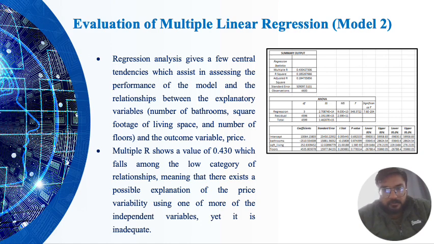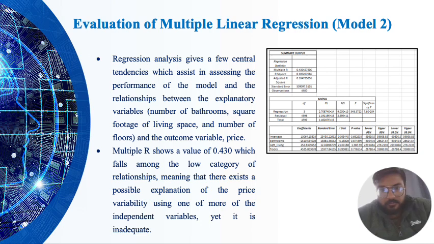evaluation of multiple linear regression model 2. Regression analysis gives a few central tendencies which assist in assessing the performance of the model and the relationship between the explanatory variables, number of bedrooms, square footage of living space, and number of floors, and the outcome variable price.